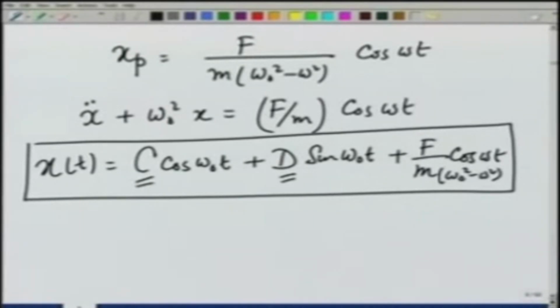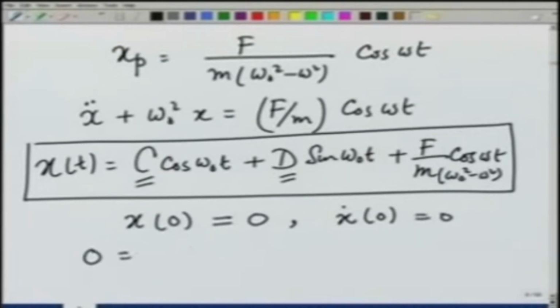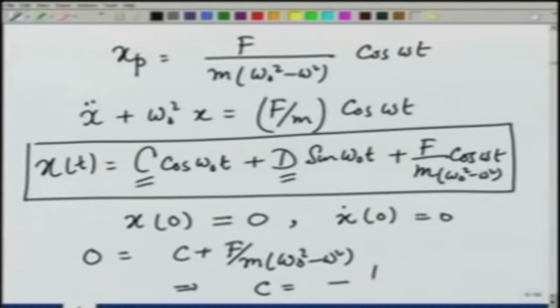Let us now take an oscillator on which I start applying this force such that initially it is at 0 position, at its equilibrium point, and it also starts with 0 velocity. x dot is also 0, and I want to determine coefficients C and D accordingly. When I substitute x of 0 equals 0, I get 0 is equal to C plus F over m times omega 0 square minus omega square, or C is equal to minus F over m times omega 0 square minus omega square.